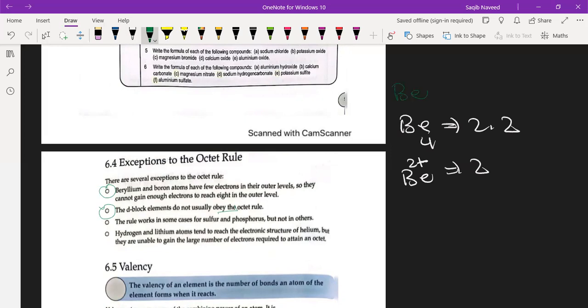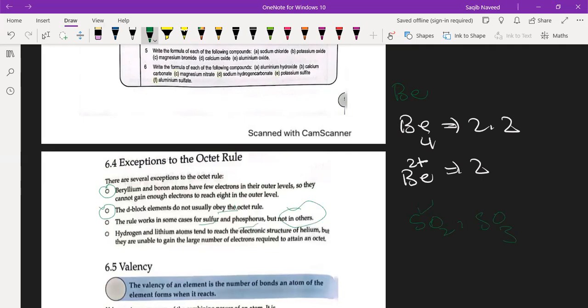The rule works in some cases for sulfur and phosphorus, but not in others. There are many compounds like SO2 and SO3, so in some cases it is applicable, in some cases it is not.